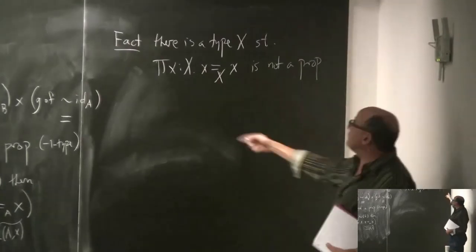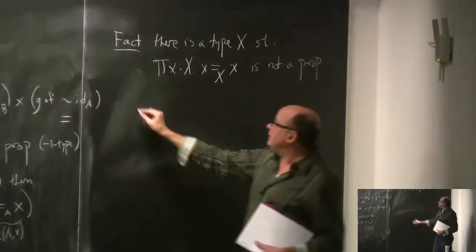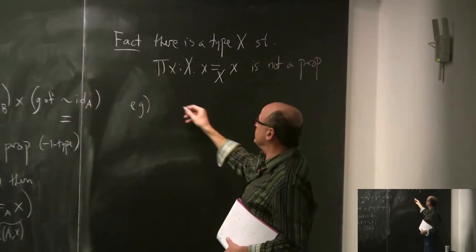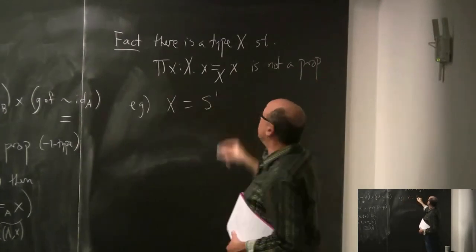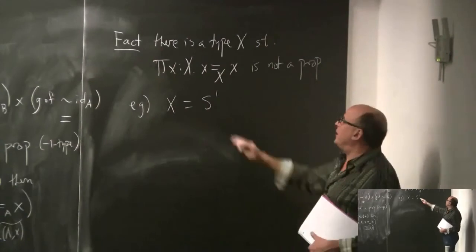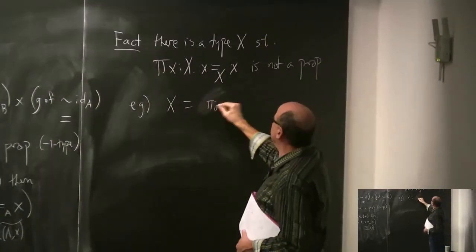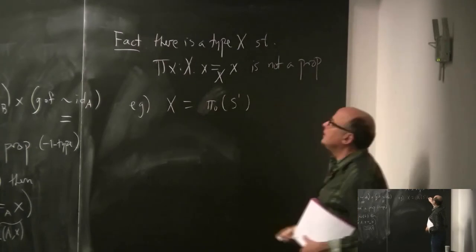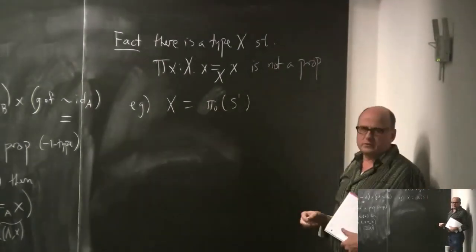So the point is that you can find an X which is not a prop, and an example of this, which Spencer just provided, is S1. Although I haven't proved this yet. What X is going to be is what is called pi 0 of S1, which is the fundamental group of S1.